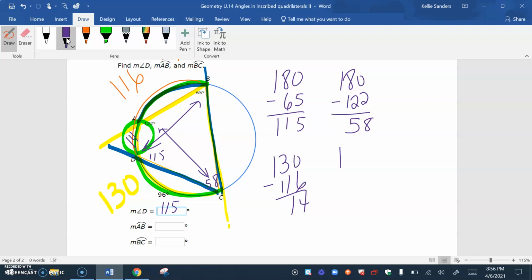So 116 minus 14 is 102 because of this arc right there. And BC. Oh, I already found it, didn't I? No, I didn't. Okay. And let me look real quick.